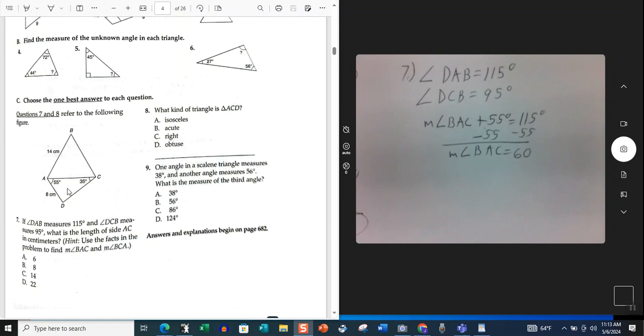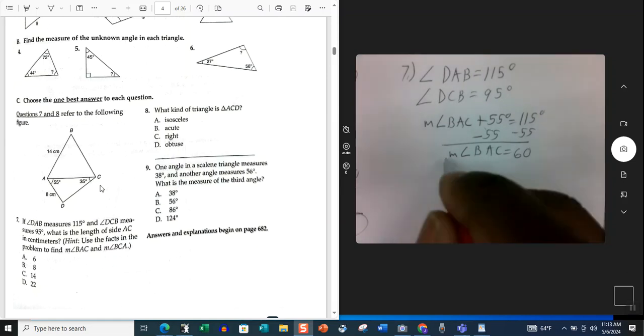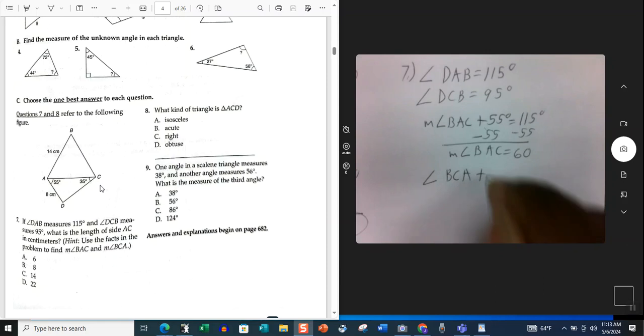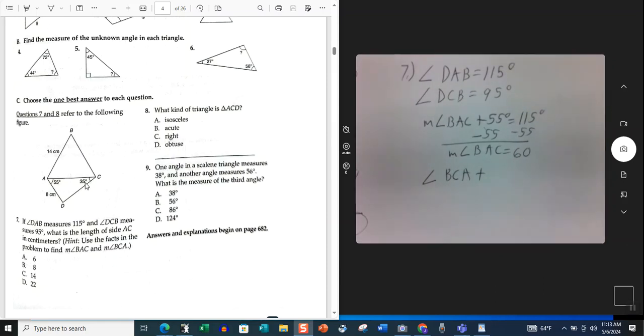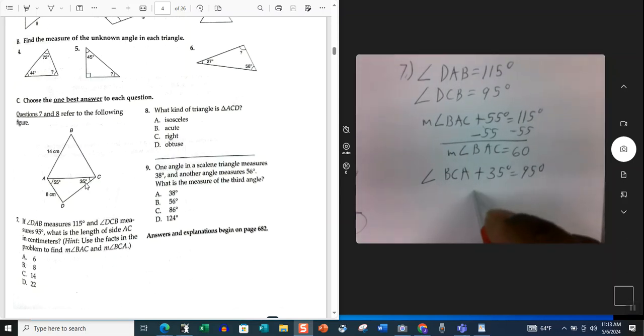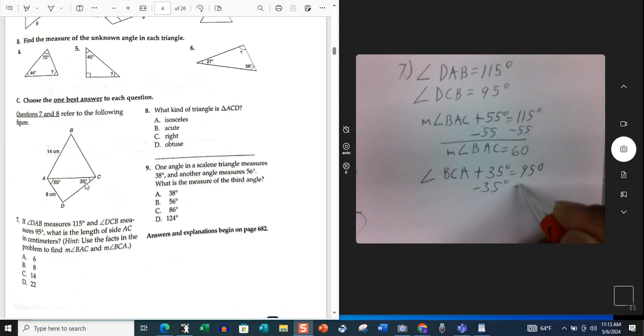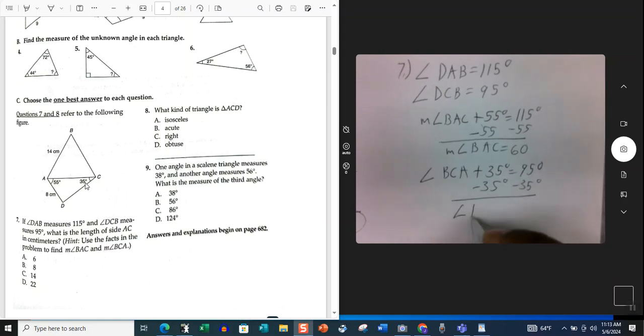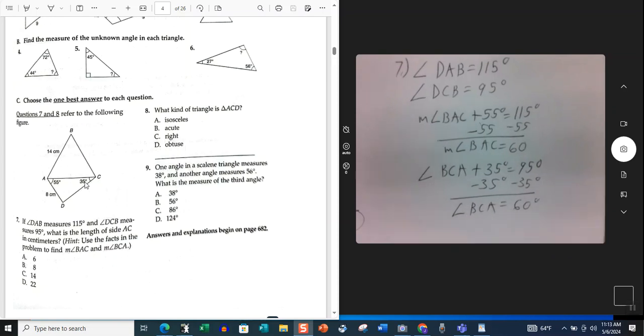Now we have to do BCA. So we would take the measure of BCA plus this 35 degrees, and it's supposed to equal 95 degrees. So we'll subtract 35 degrees on both sides, and we will have the measure of angle BCA is also equal to 60 degrees.